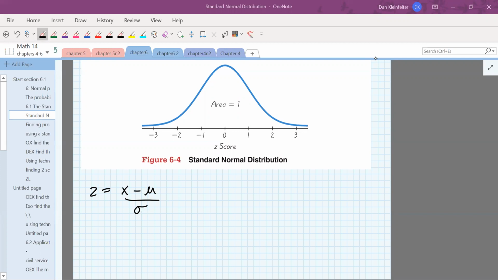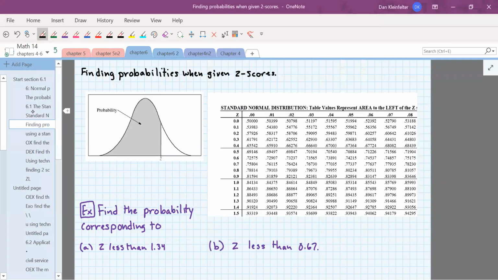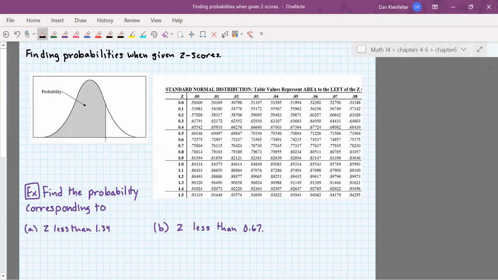So when you draw the standard normal distribution, across the horizontal axis will be z-scores. It's centered at 0, of course, because the mean was 0. And then we'll have 1, 2, or 3 standard deviations to the right, and 1, 2, or 3 standard deviations to the left. So one of the main things we want to be able to do is turn a z-score into a probability.